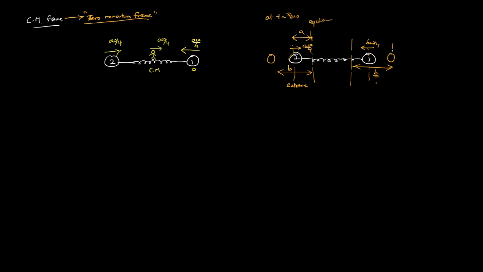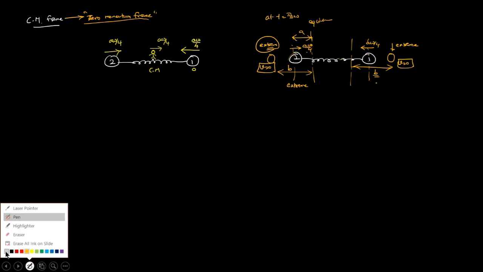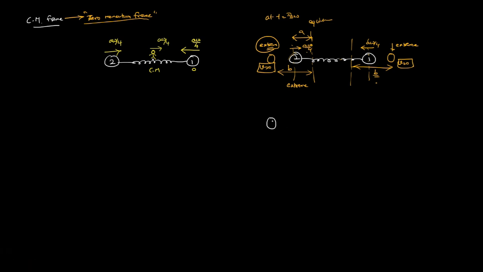We are talking about the extreme in the center of mass frame. This is extreme and this is extreme in the center of mass frame. Velocity will be 0 in the center of mass frame. If you see from the center of mass, its velocity is 0. Then if you look from the ground frame, what is the scenario?